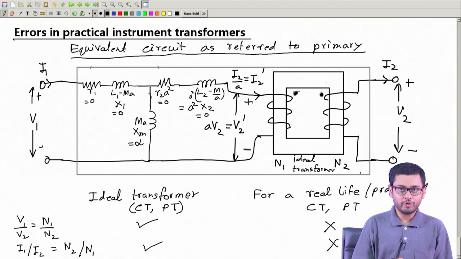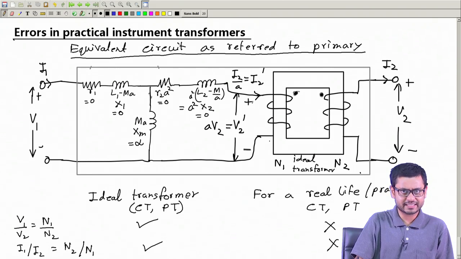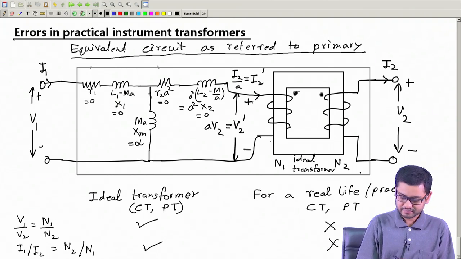Okay, so you might think that this is different, that we have studied something different. No, this is the same, but I am doing it this way because I believe this is easier to understand.